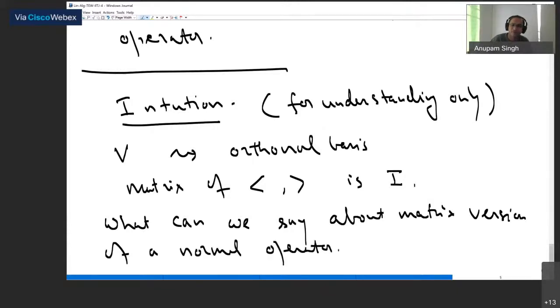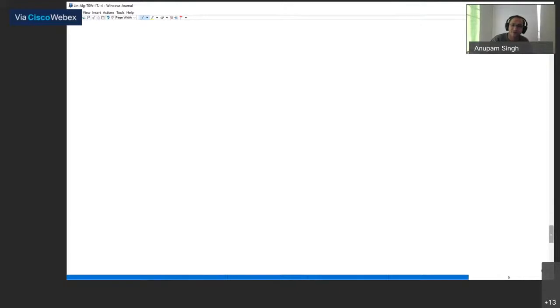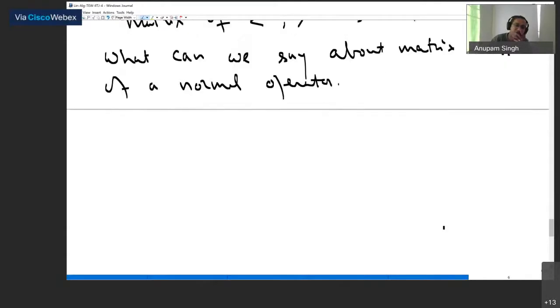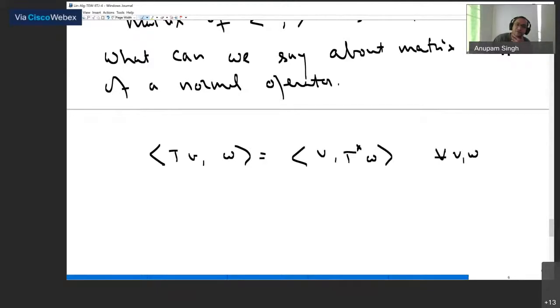So what is the equation of a normal operator? The equation is something like <TV, W> equals <V, T star W> for all V, W in V. So let the matrix of T be A and the matrix of T star be A star, and I want to find the relation between A and A star.